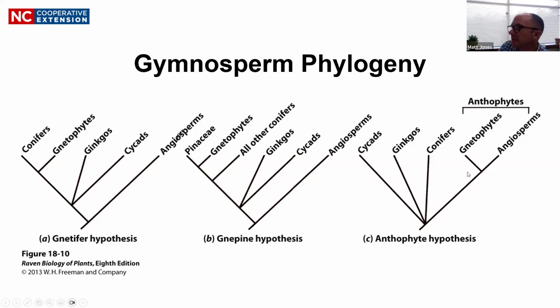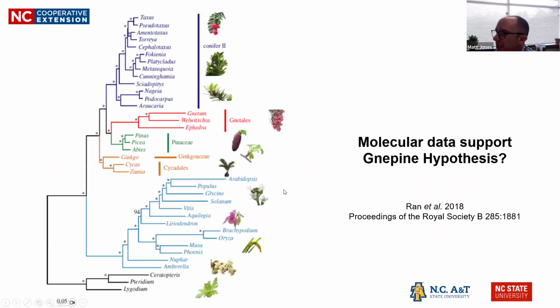And the anthophyte hypothesis, which is what was supported for a long time based on morphological features, was that the Gnetophytes, which have primitive, almost fruity-looking structures, were the closest relatives to the flowering plants. But genetic analysis now largely supports the Gnepine hypothesis.